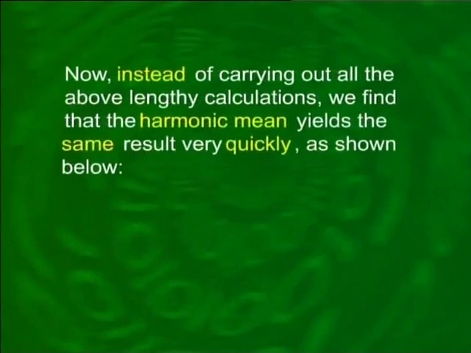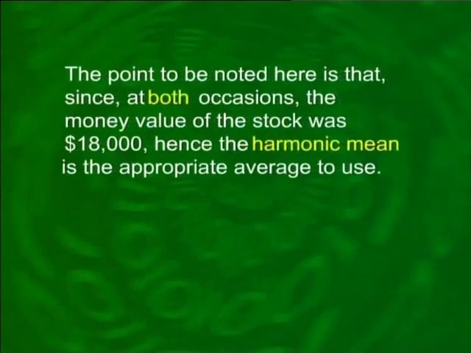Now students, instead of carrying out all these lengthy calculations, we find that the harmonic mean yields the same result very quickly. The point to be noted is that since at both occasions the money value of the stock was 18,000, therefore the harmonic mean is the appropriate average to use.